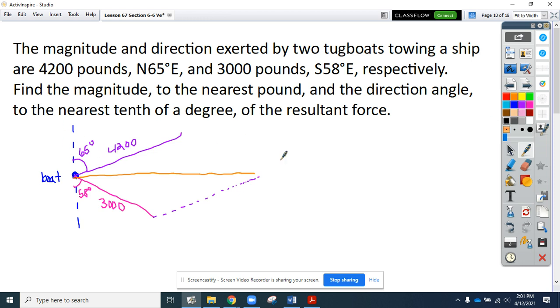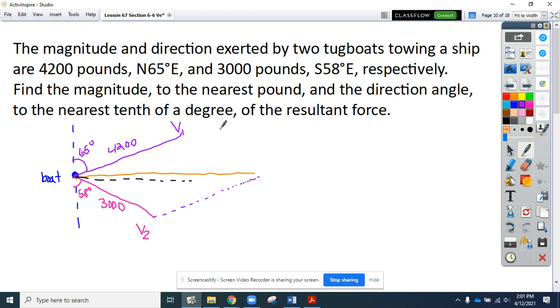So here now we do need the horizontal because in vectors we're talking trig. So here's my x-axis. So what I really need, we're going to call this, I'll call this vector 1. You could call it B1 if you wanted to. And this will be vector 2.